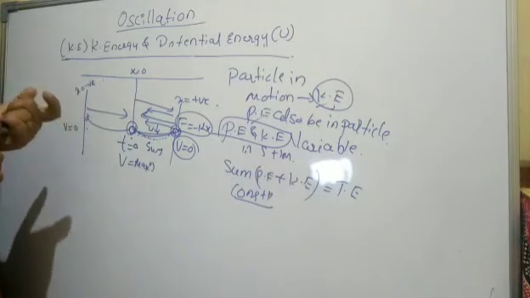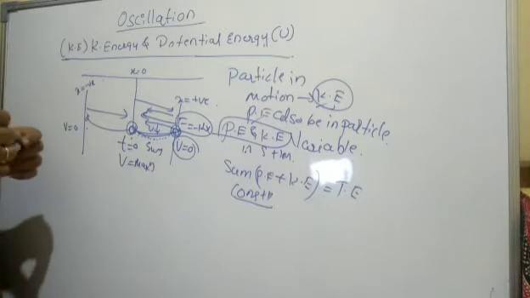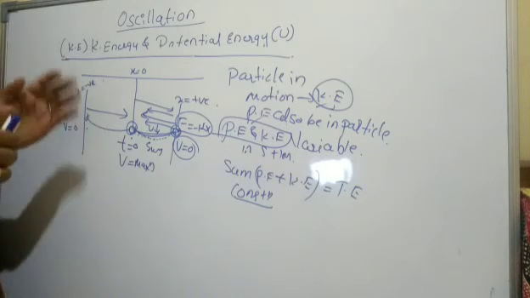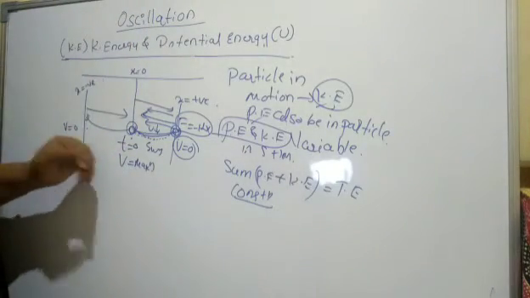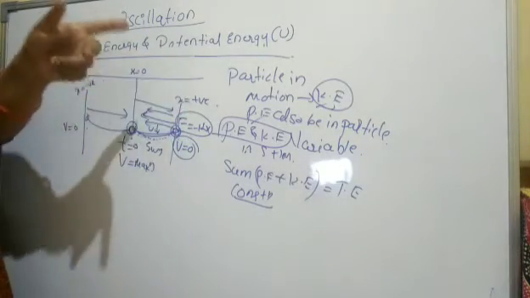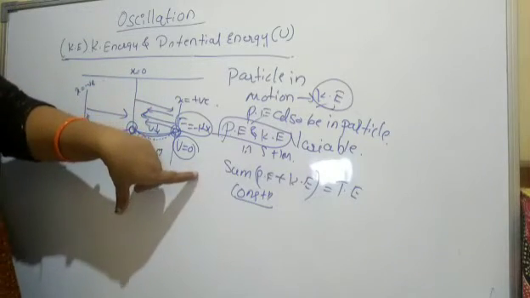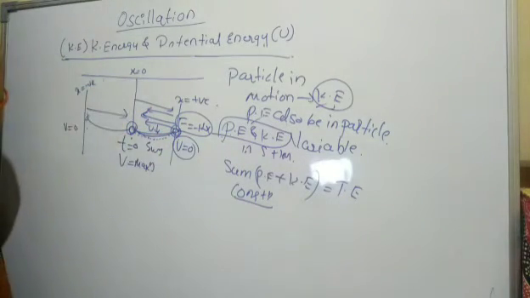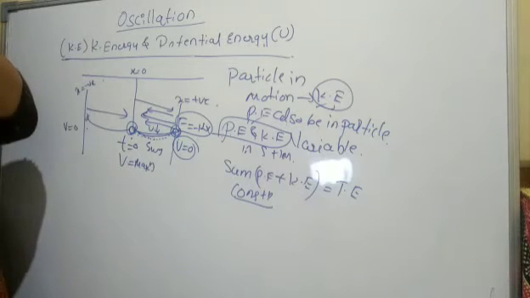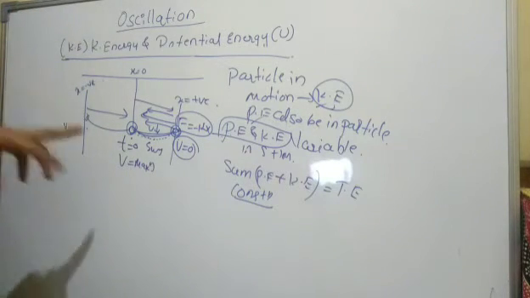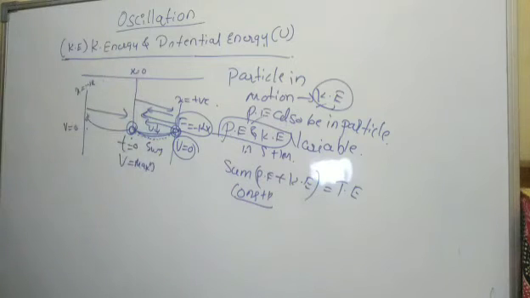What we discussed in the previous chapter was that the force acting on the body is along the direction of displacement. But in simple harmonic motion, the force acting on the particle is opposite to the direction of displacement. This concept you have to understand, compare and remember. So when force is opposite to the direction of displacement, the particle is executing simple harmonic motion.